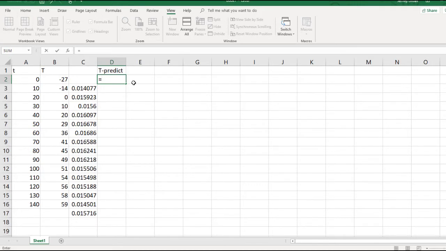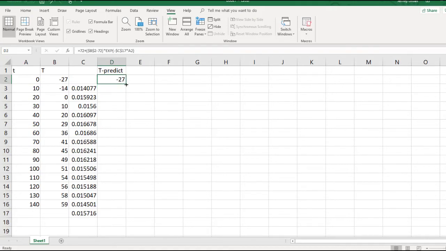The predicted values were given by the ambient temperature plus the initial temperature minus the ambient temperature, and again we need to make B2 an absolute reference, times e to the power of, and in Excel to do e to the power of you need to use the exp function, minus K, the cooling constant K, which also needs to be an absolute reference, times the current time.